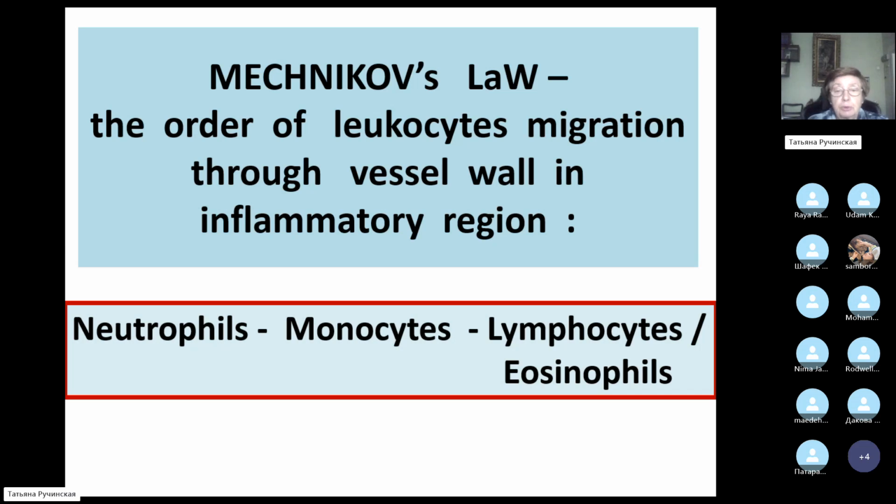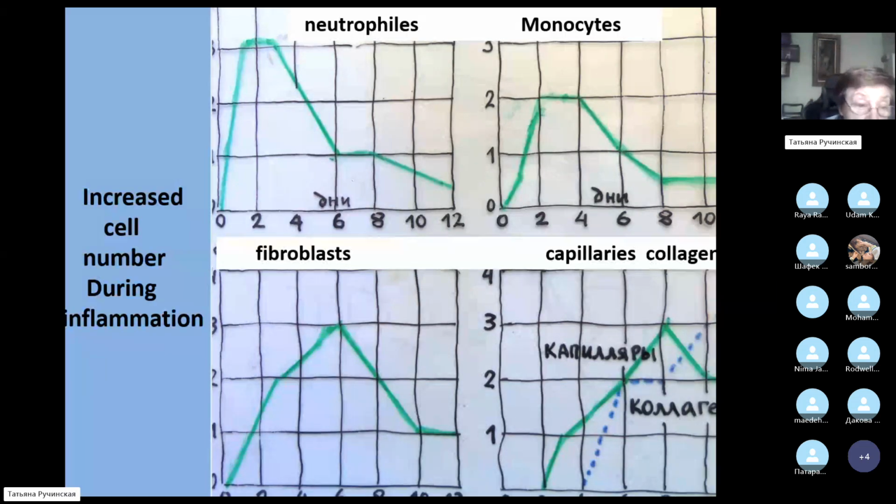This picture shows you a very interesting correlation between the events in the zone of inflammation. The first is the increased number of neutrophils, and you see there is a maximum at 1 day, and after the second day the number of neutrophils decreases.